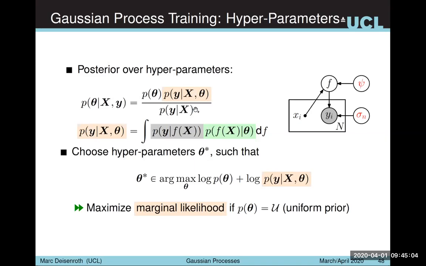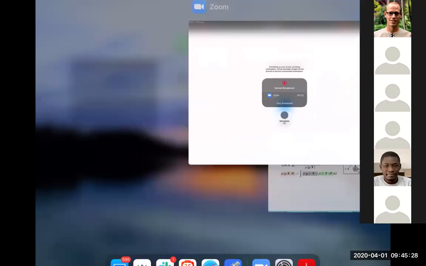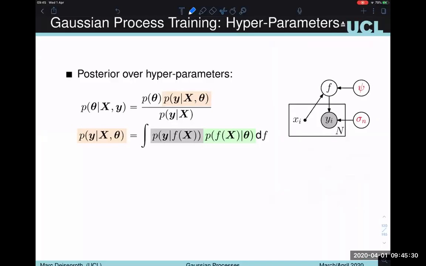But you're correct. This P of y given x also looks like a marginalized likelihood in a different way. Let me try to write down what this actually means. We're going to look at this term here.